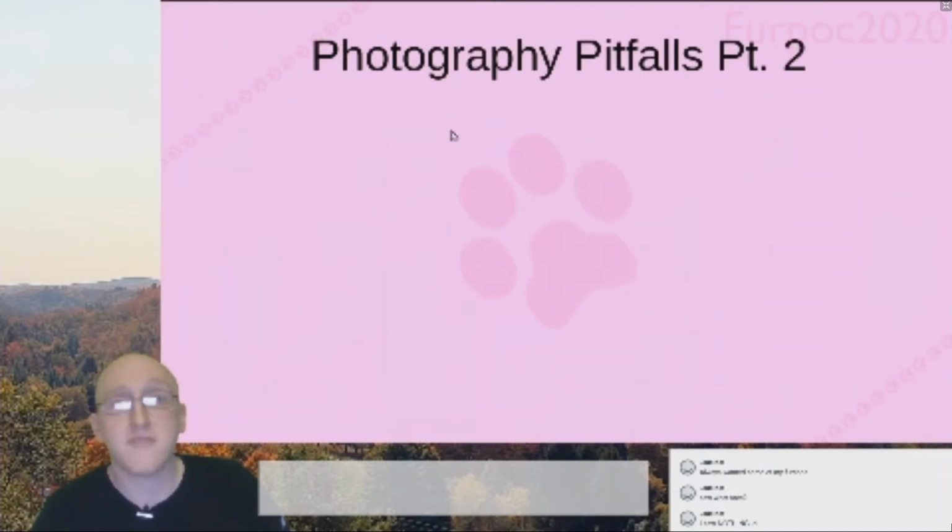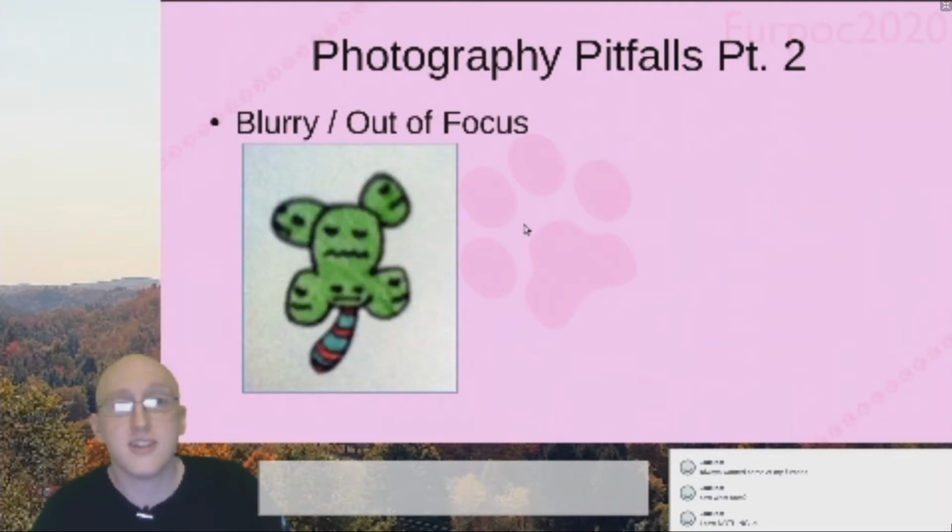More photography pitfalls. Blurry, out of focus. This happens a lot when there's not enough light, and that's going to be a running theme. If your camera can't get enough light, it's not going to be able to draw proper focus. It'll be blurry, and that will show up in your final Telegram stickers if you don't prevent it.